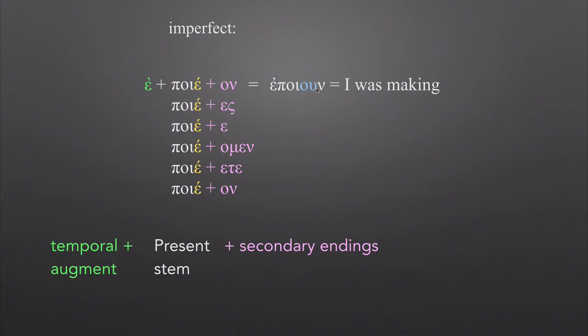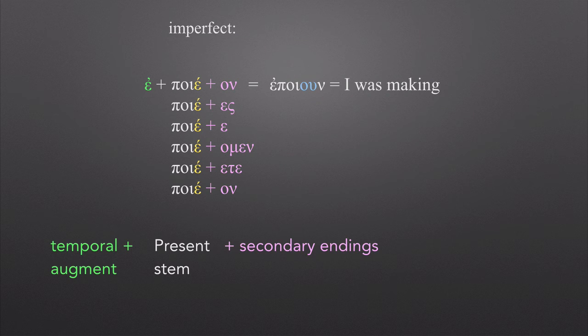So epoioun is how you would say I was making or I was doing. The same conjugated endings now combine with a contract vowel to give us slightly unfamiliar looking endings. And this is all the more true for alpha contract verbs, where agapao will give us egapon.